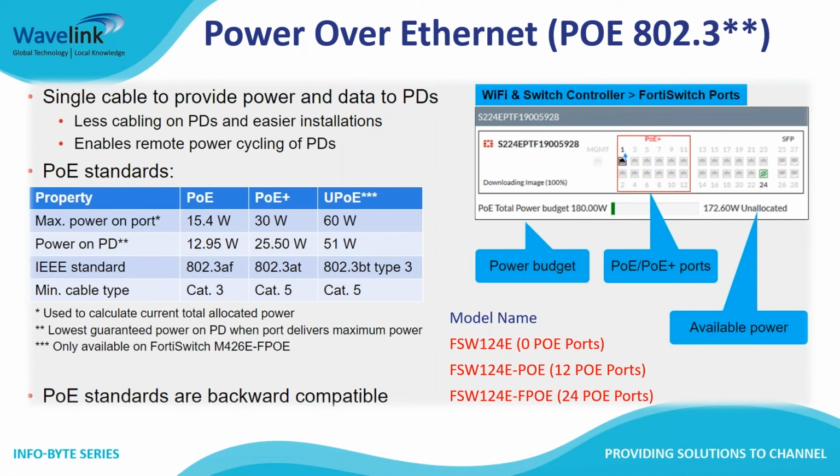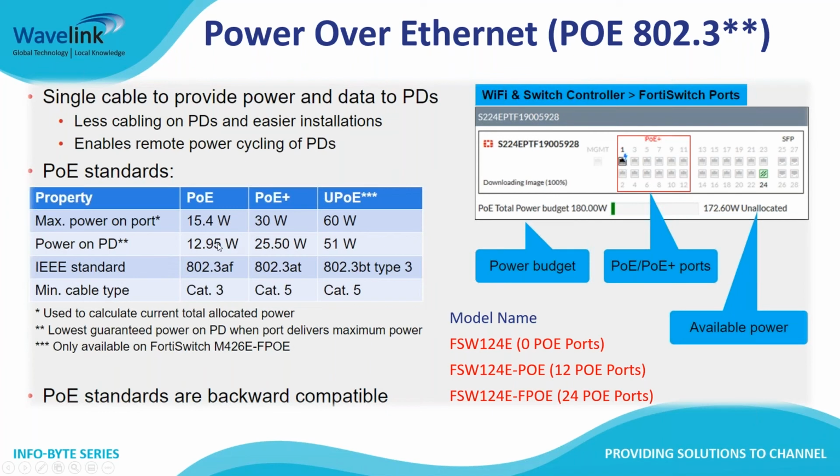But now in the F series, what that means is by default, in either PoE or FPoE, all the ports are PoE capable. However, in the PoE switch, the PoE power budget is half of the actual FPoE switch. I hope that makes sense. Takes a little while to understand, but once you understand it, you can just quickly look at a switch model and then understand what that switch is doing.